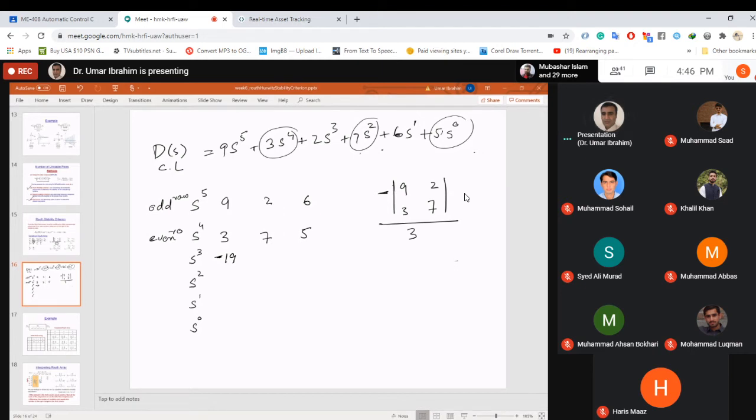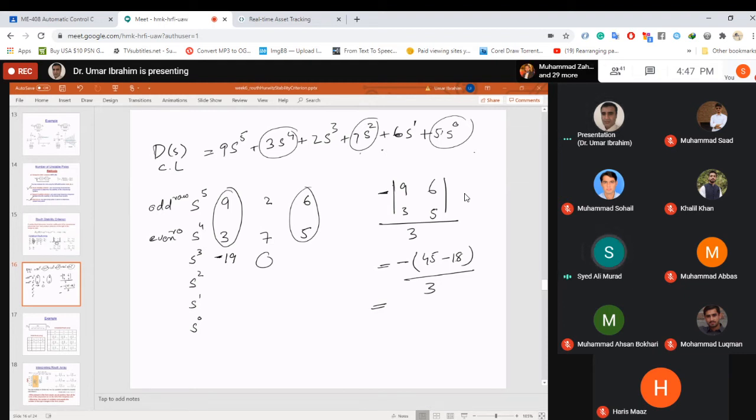How would you do the second one? For this one, we will take determinant of this and this. So this will be minus 2, this will be 6 and 5. So my next value will be minus 45 minus 18 divided by 3, which will be equal to, what value comes?